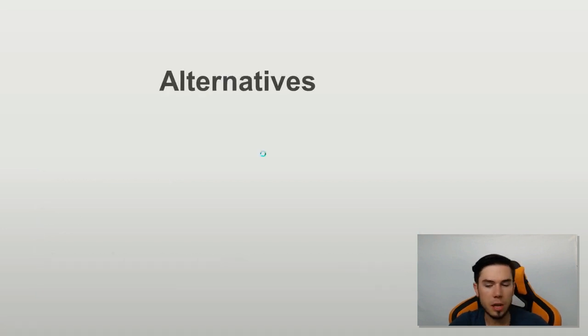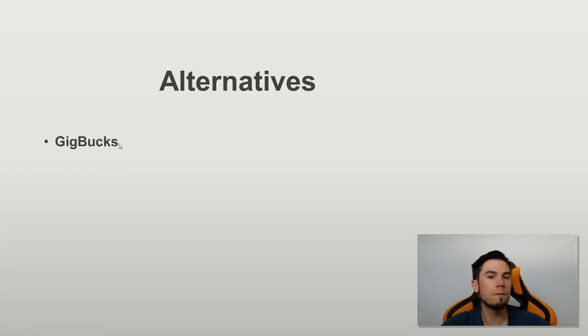So alternatives, this is another thing I wanted to talk with you guys. This is Fiverr.com where you're going to sell services, but you have alternatives to Fiverr.com such as Gigbucks, right? So you have a possibility to put your services not only on Fiverr, you can do Gigbucks as well. You can have People Per Hour.